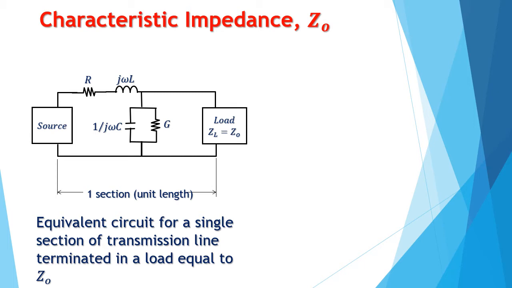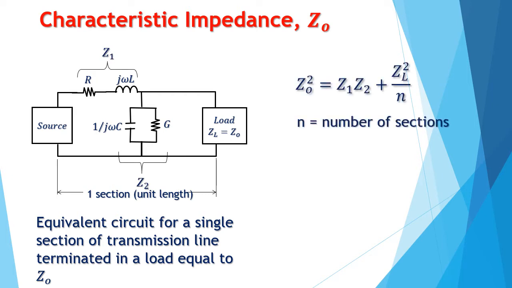And this particular transmission line is only one unit length or one section in length. So to solve for the characteristic impedance in this particular example, we have the formula Z sub O squared, this is the characteristic impedance, is equal to Z1 times Z2 plus the load impedance squared divided by N, wherein N is the number of sections.